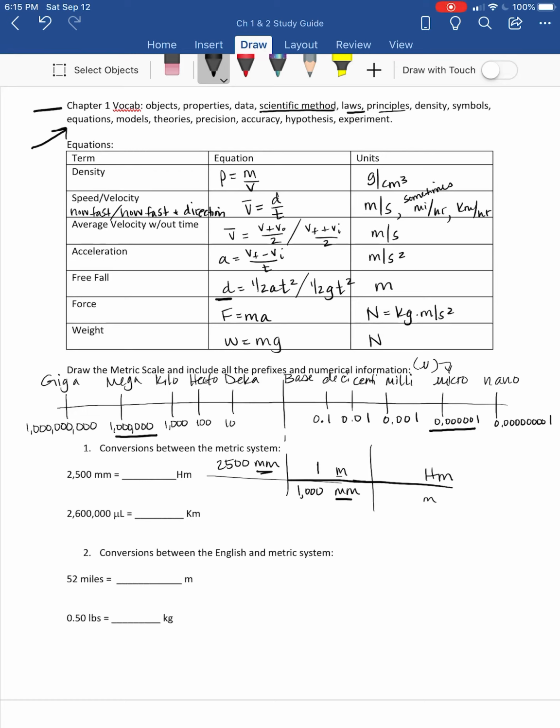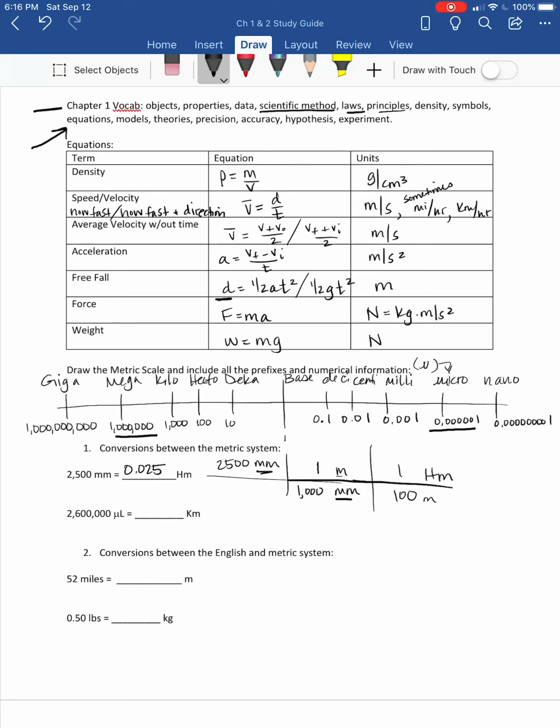Then go over to the other side where hectometer is. The base unit's like meter, so the hectometer's bigger, and you say, okay, how many ones does it take to make 100? Well, it takes 100. So then go through and calculate that. You've got 2,500 times 1 divided by 1,000 times 1 divided by 100. So you've got 0.025.